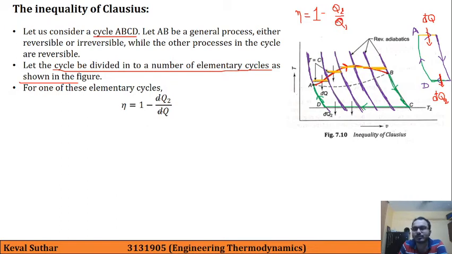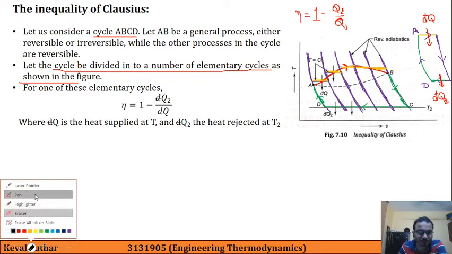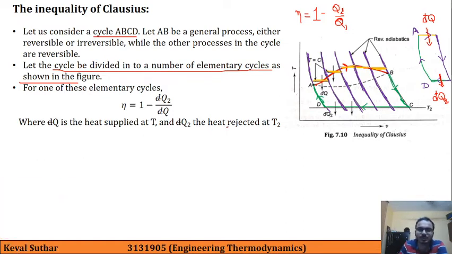So the same formula is written here for this small Carnot cycle, that is eta is equal to 1 minus d cut q2 by d cut q, where d cut q is the heat supplied at temperature T, and d cut q2 the heat rejected at T2.